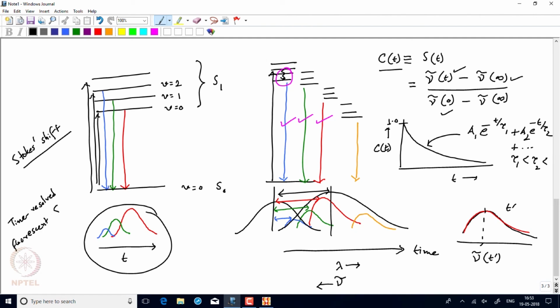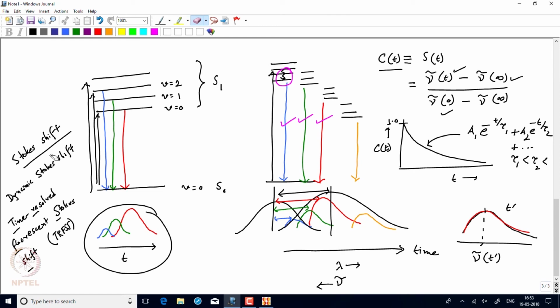So it's called the TRFSS experiment, and all these terms are self-explanatory, or sometimes it is known as the dynamic Stokes shift, as opposed to the static Stokes shift, where you basically talk about the Stokes shift just between the overall absorption spectrum and the steady state fluorescence spectrum.